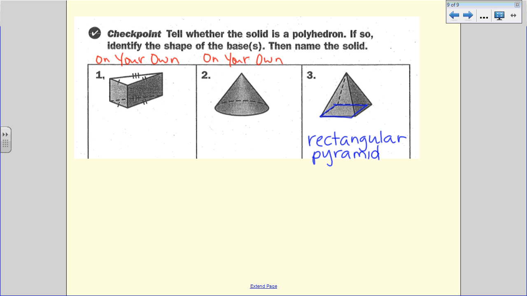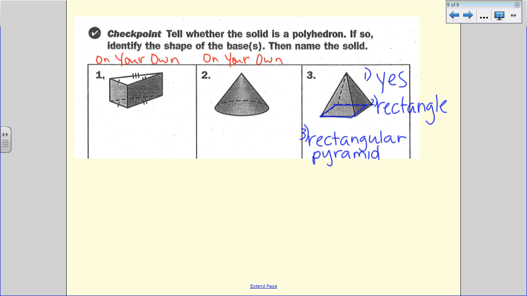Now, what I was supposed to do was tell whether the shape is a polyhedron, because I can see 4 triangles and a rectangle. Yes, it is a polyhedron. The base is the rectangle. And so then that led me to naming it.